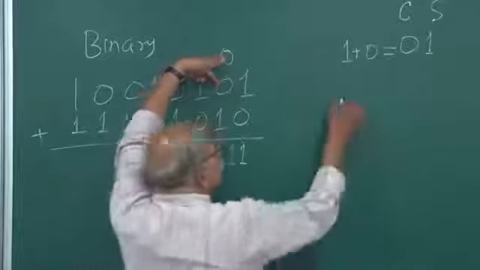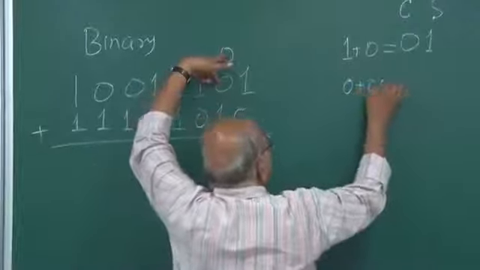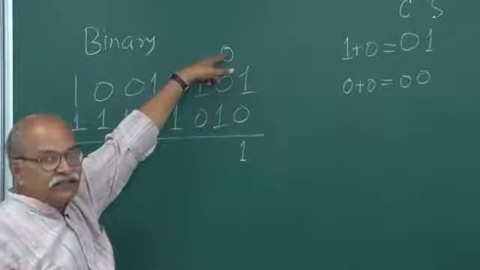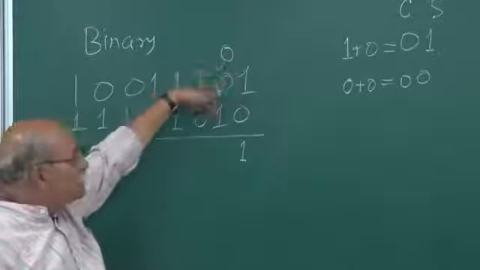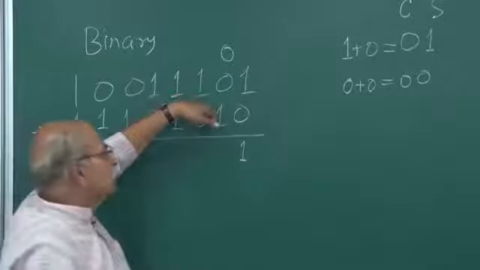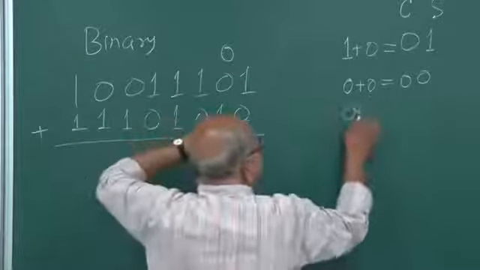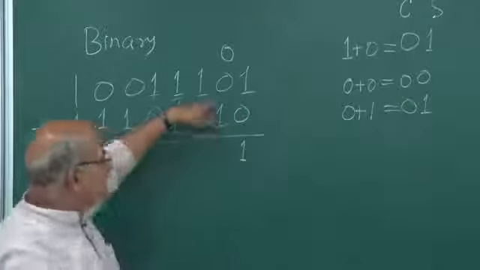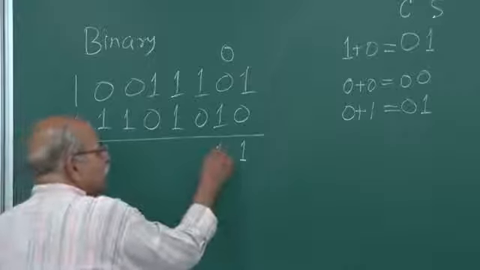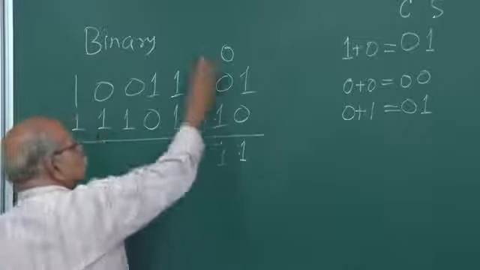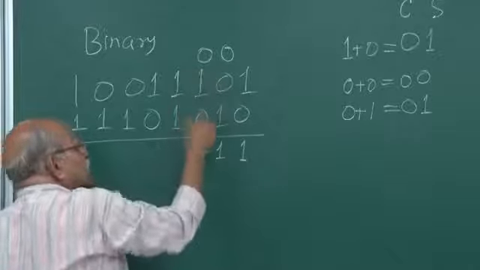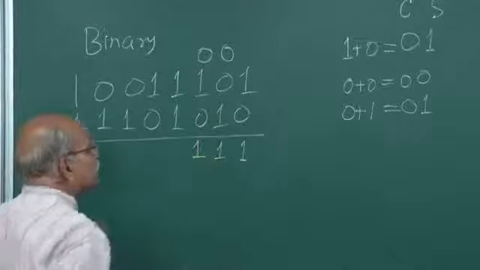I should know that 0 plus 0 is 0. So sum is 0 and carry is 0. And that sum is to be added in this. So 0 plus 1 is also 0 1. So sum is 1 and carry is 0. So 0 plus 1 will be 1 and 1 plus 0 will be 1. So this will be 1 here.